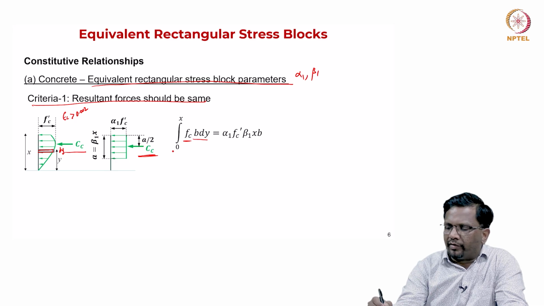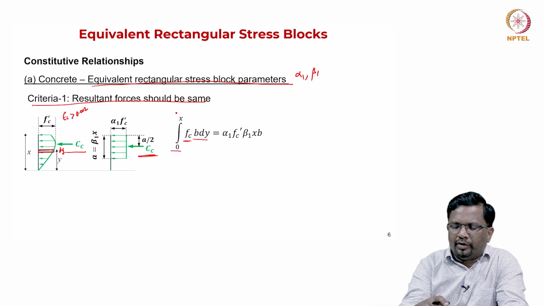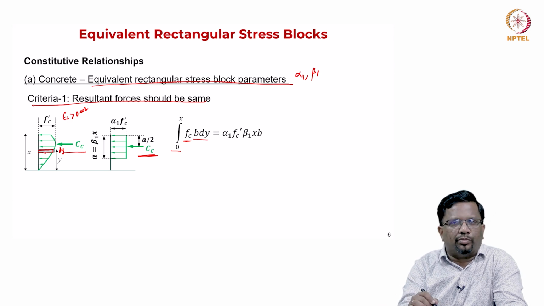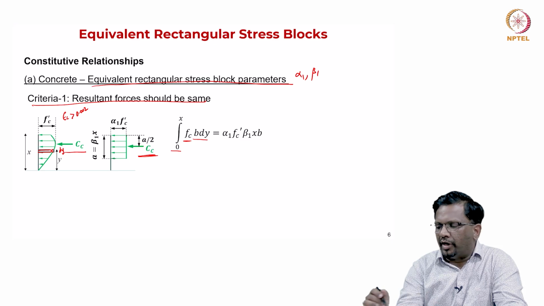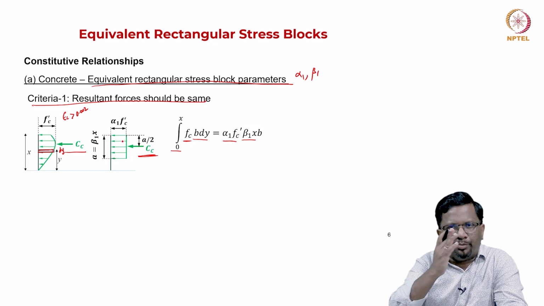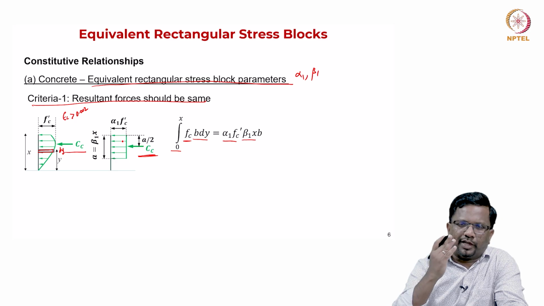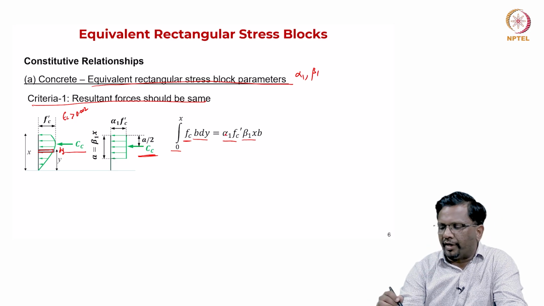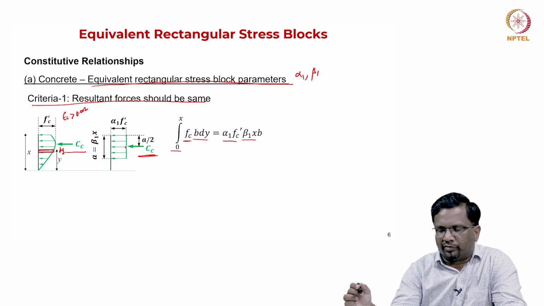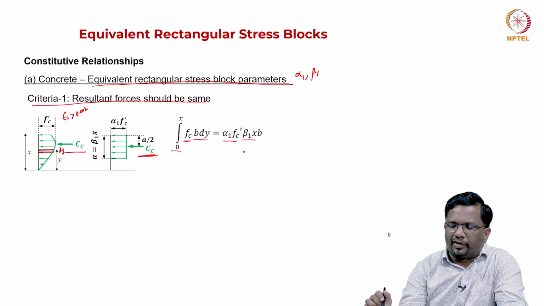Now, I integrate it from 0 to the neutral axis depth x, then it will give me the entire force in the parabolic stress profile that we have assumed. Then that should be equal to alpha 1 f prime c into beta 1 x, this is the area of the rectangular block, multiplied by B, which is the width across which the stress block is acting. So, the force will be the area of the stress block multiplied by the width of the cross section, right. So, this is condition number 1.